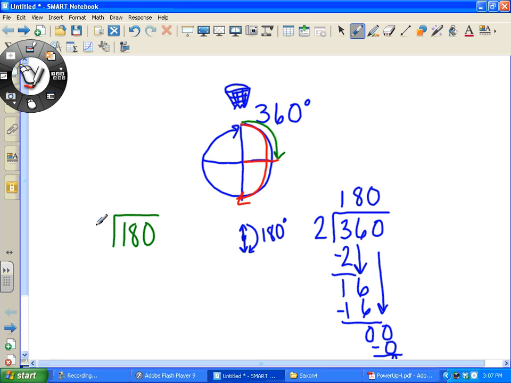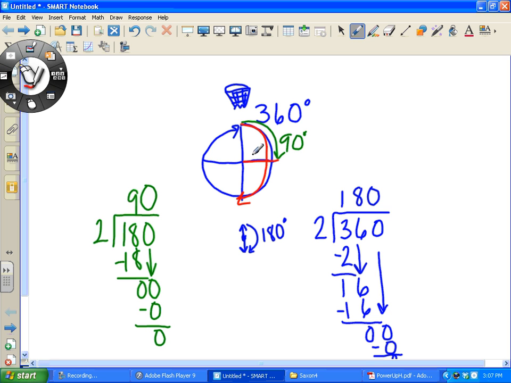180 divided into 2, and that means in half. How many groups of 2 can I get out of 1? I can't. How many groups of 2 can I get out of 18? 9, because 9 times 2 is 18. Subtract, bring down. How many groups of 2 can I get out of 0? 0. And 0 times 2 is 0. And so a quarter turn is 90 degrees.